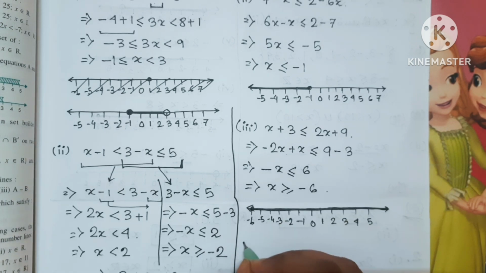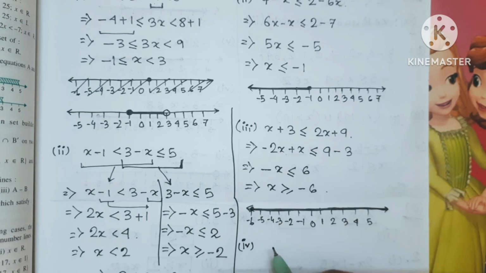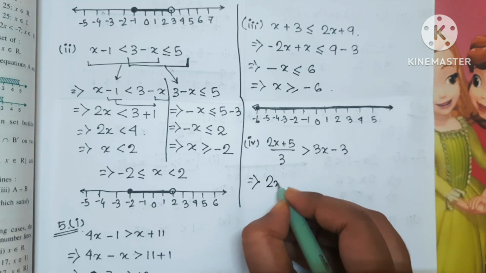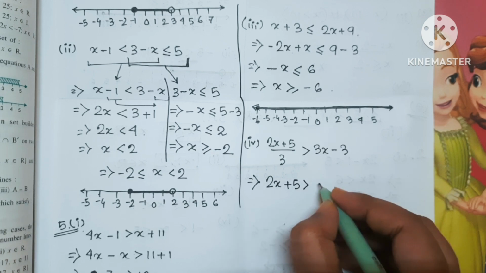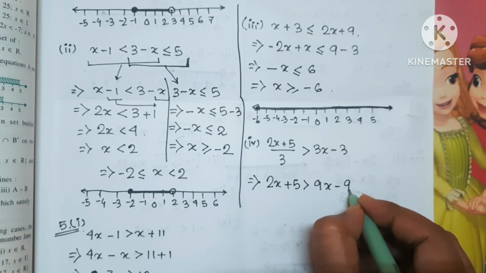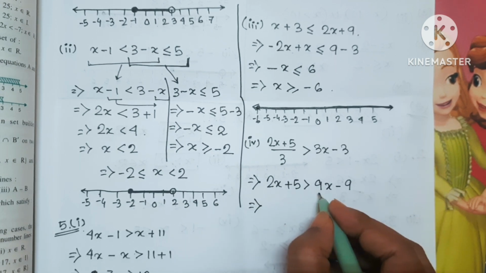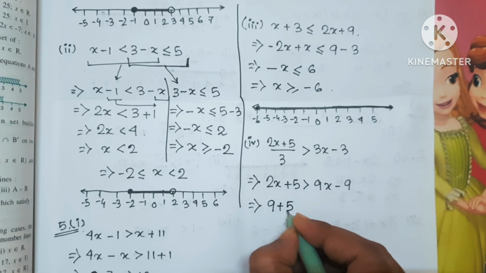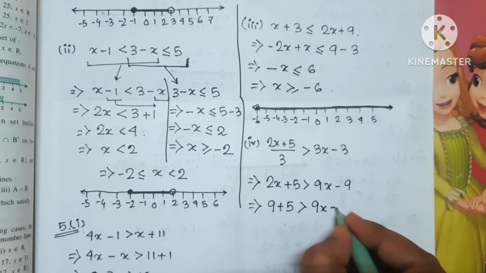Next one, (2x plus 5) by 3 that is greater than 3x minus 3. 2x plus 5 that is greater than 9x minus 9. Now 9x minus 2x, and here it will be 9 plus 5 that is greater than 9x minus 2x.